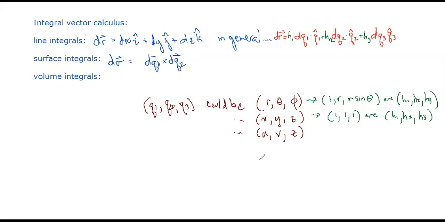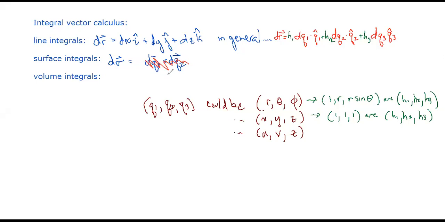What's the thing that I'm missing that I need to kind of check out front? Sine theta? Yeah, if it were theta and phi, I'd need a sine theta and a couple of r's. But in general, I need the scale factors that turn these into actual things that have actual units of distance, like meters.